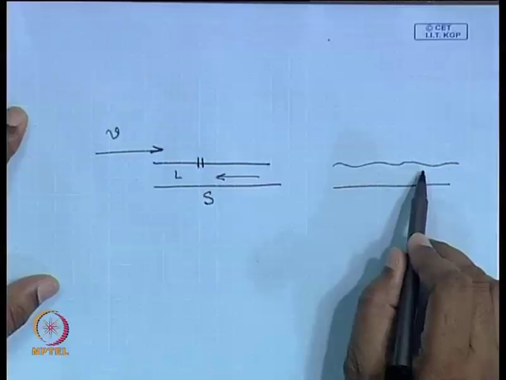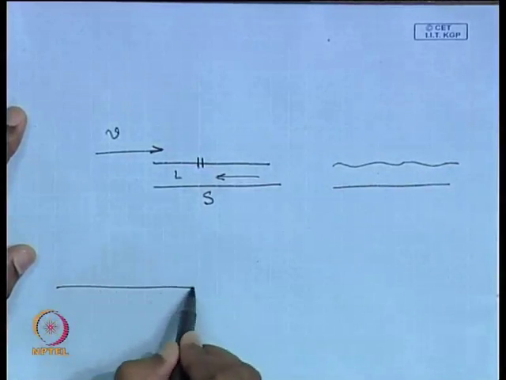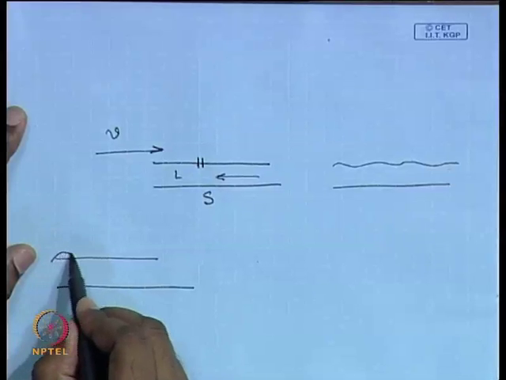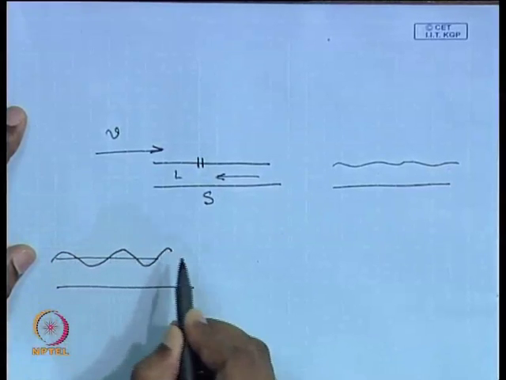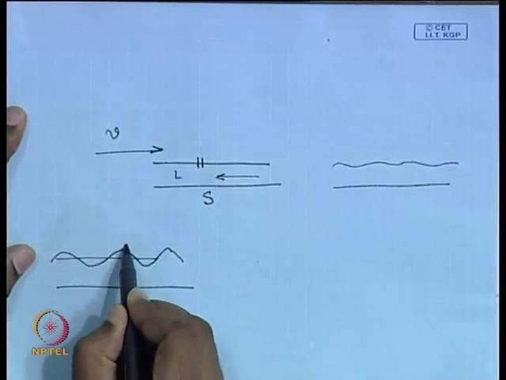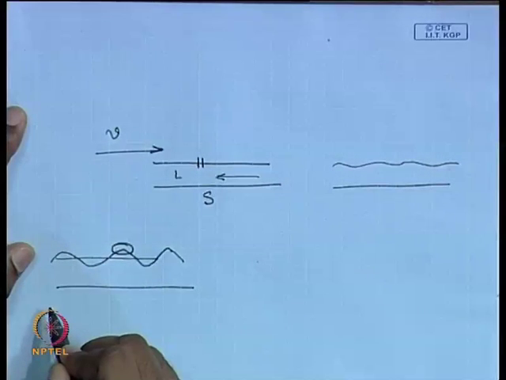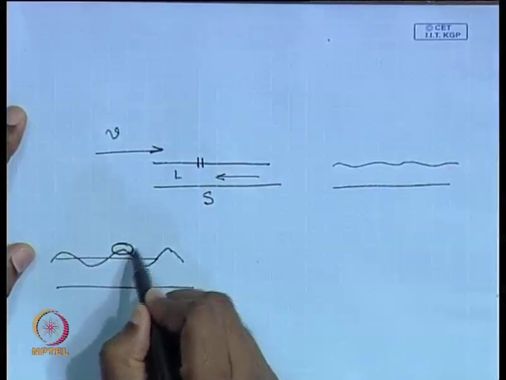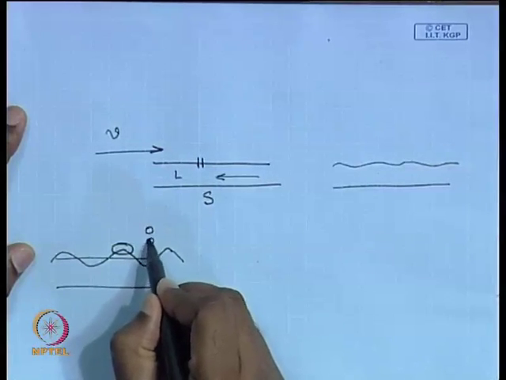The waves are going to appear at a certain point, and if the velocity of the vapor is increased beyond that point, then the waves are going to be longer, and after some velocity the tops of these waves are going to be sheared off, and these sheared off liquid droplets will come into the vapor phase.